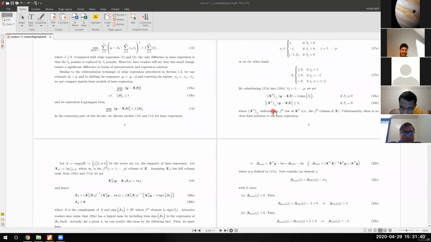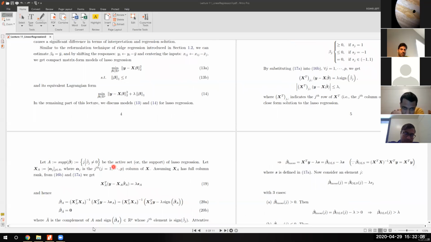Now let's have a look at why Lasso has the function of variable selection and also shrinkage. Let A be the support, or let's say the active set. In best subset selection, I use the set S, because S means subset selection. Similarly, you can use S or A here. I use A here because most textbooks use A to indicate the active set.